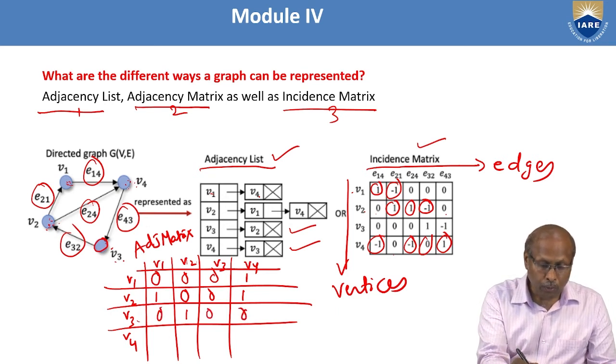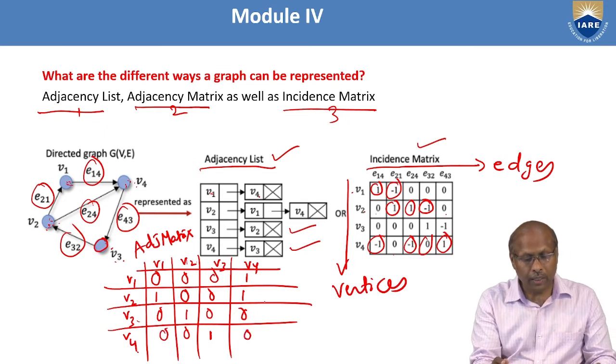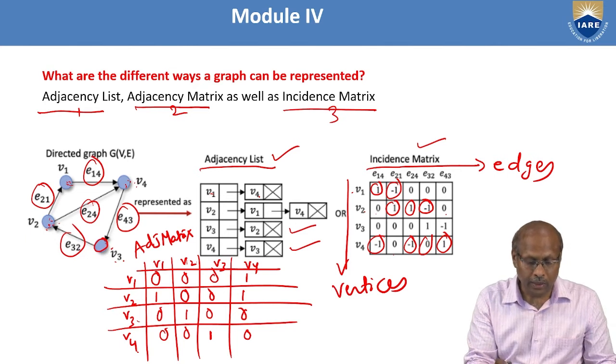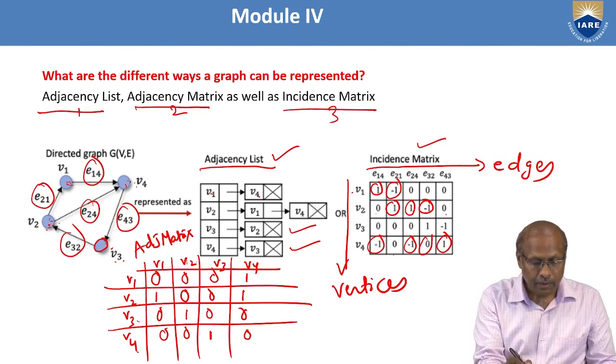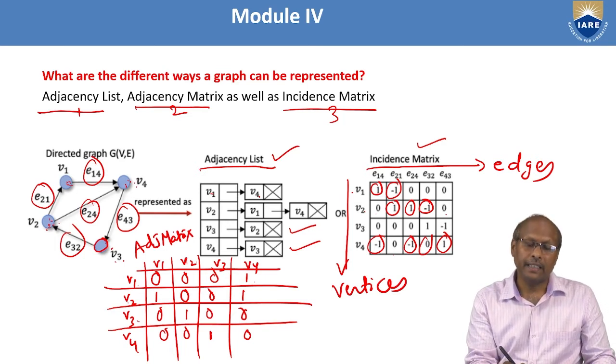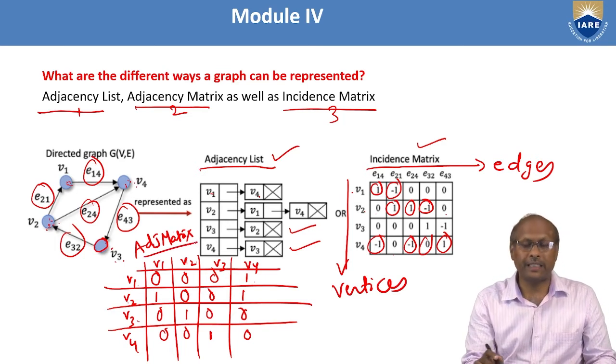Similarly, V4 is connected to V3 only, so write 1, and the remaining are not connected, so put zeros. So this is the way of representing the graph using an adjacency matrix.